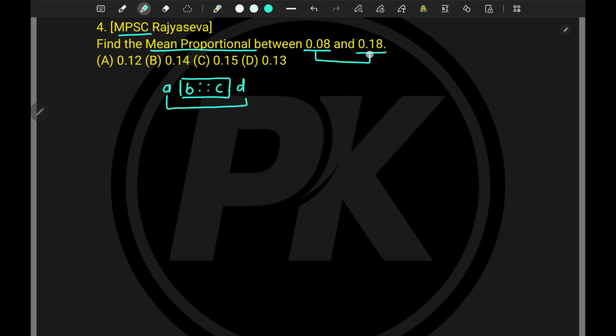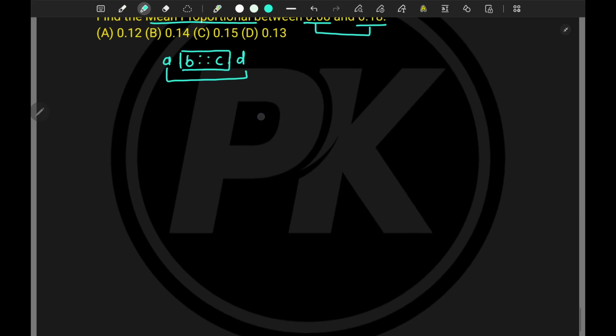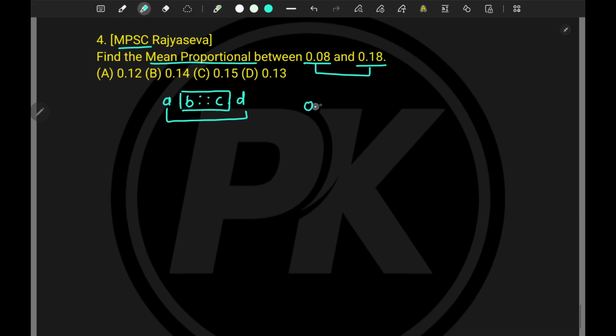That means these numbers are given as extreme numbers. So can I write 0.08 is to the middle number, which we will consider the same, is in proportion with 0.18?